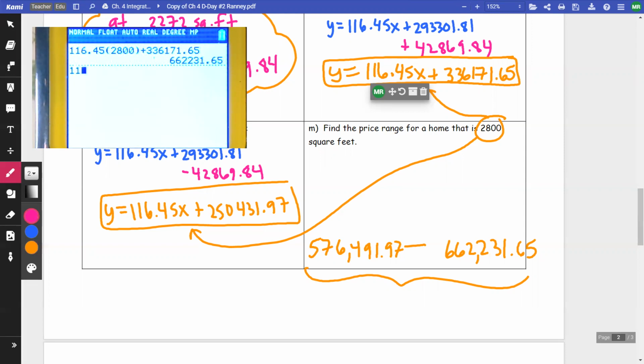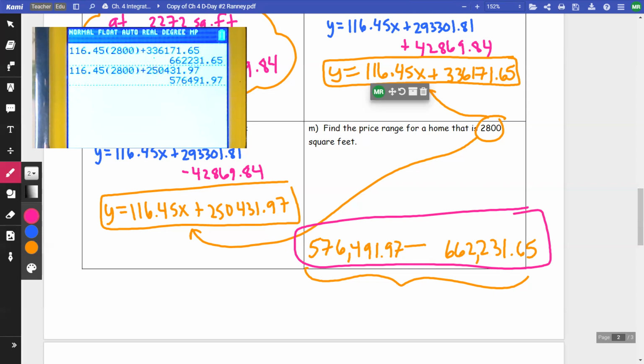And then I do it into the other equation, 116.45 times 2800, this time plus 250,431.97. You see that I got the lower bound here. So I got both of these. I can either do it by plugging it literally into the equation or using the graph on the graphing calculator and doing value.